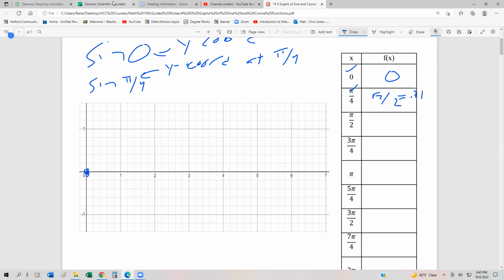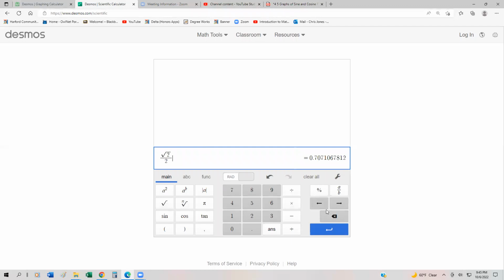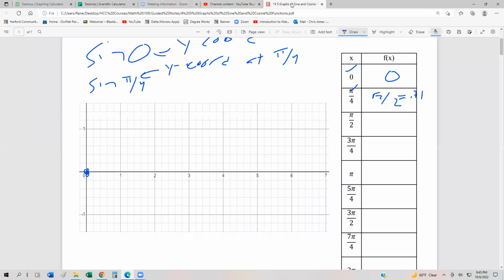If I go into my calculator, pi over 4 is about 0.79. So the point 0.79, 0.71 is going to be on our function. So 0.79, maybe right about here, 0.71. Maybe this right about here. I know that's not really good, but that's about what I got.